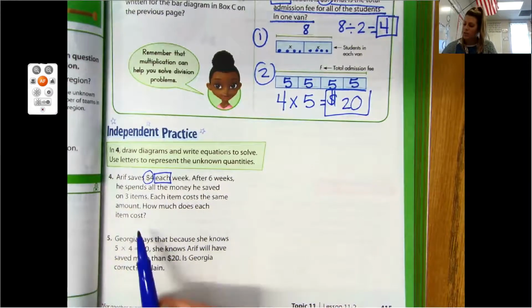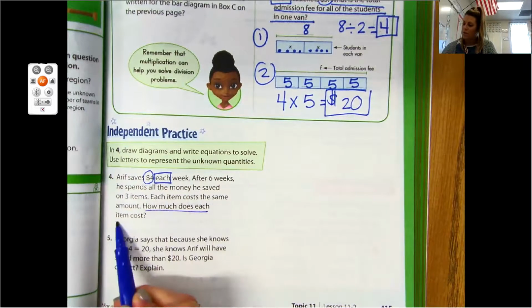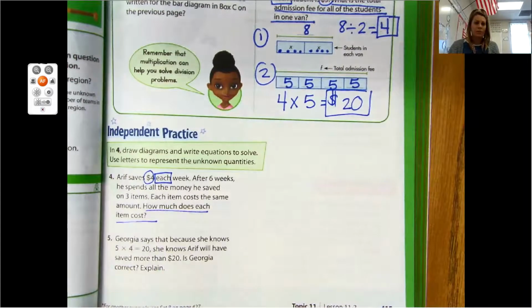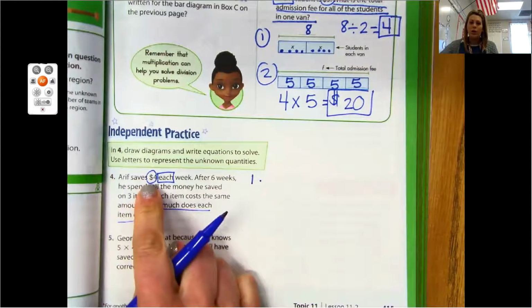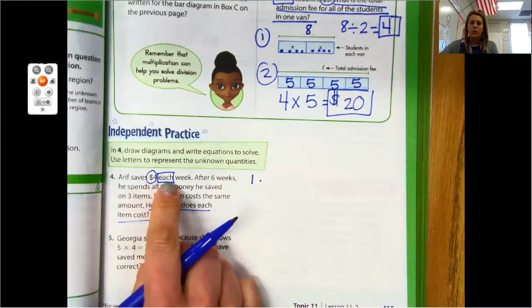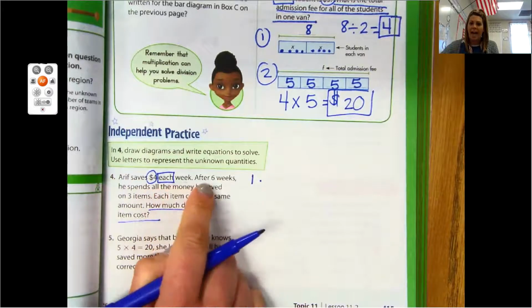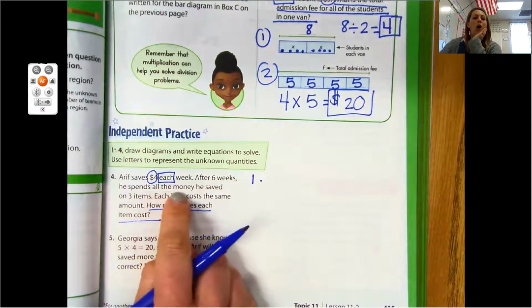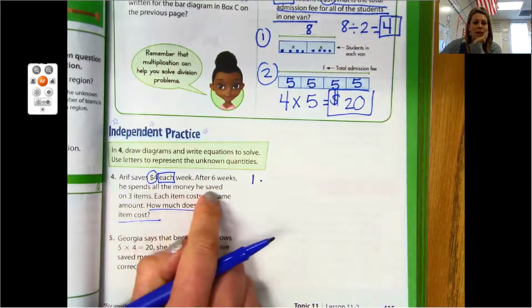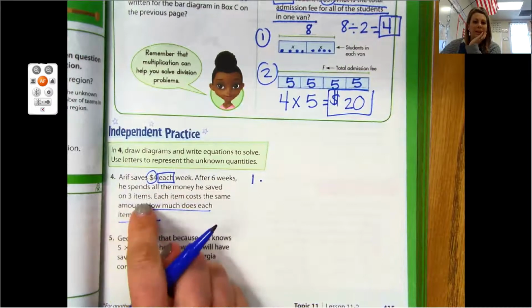How much does each item cost? All right, well, first we need to find out how much money he has, right? So step 1 says he saves $4 each week. After 6 weeks, he spends all of his money he saved on 3 items.